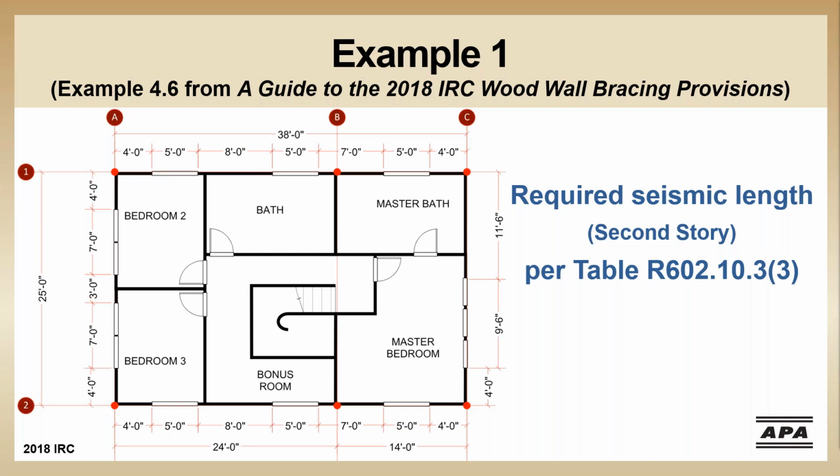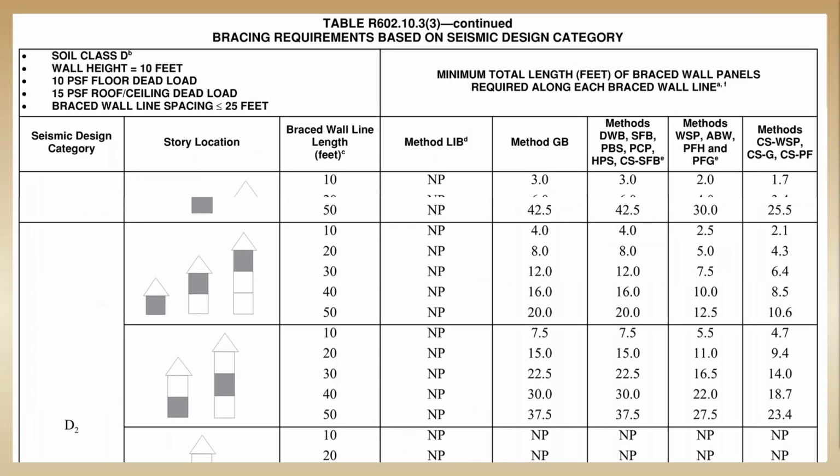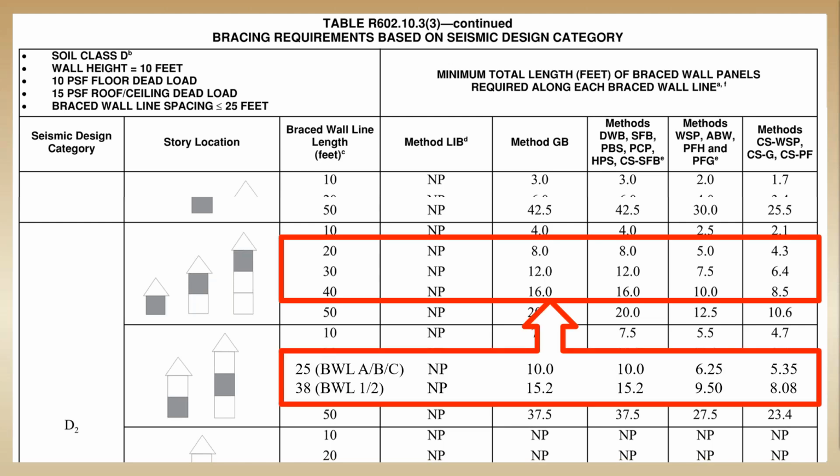We're going to start with the top floor. Going to table R602.10.3(3). We're going to use 25 feet as the length for our lettered braced wall lines and 38 feet for the length of our numbered braced wall lines. Using interpolation, we're going to come up with the following base length requirements for each of those.